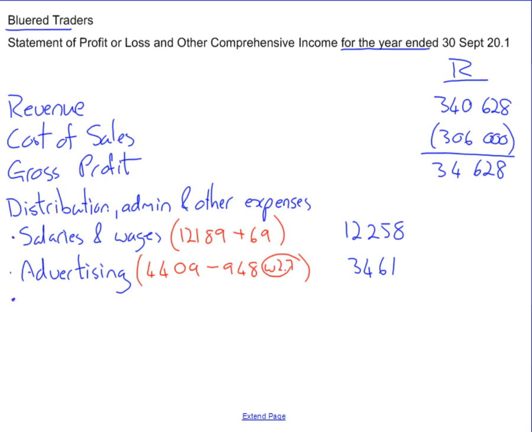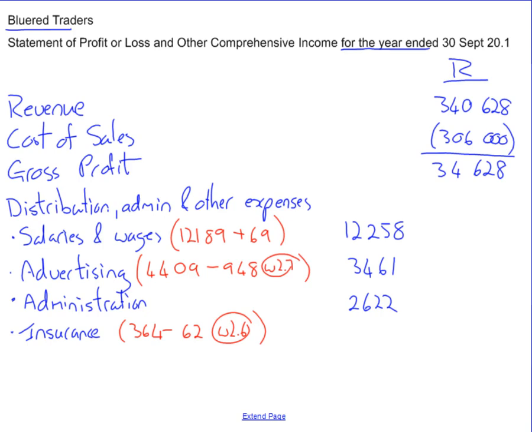After that, we had our administrative expenses. So the administration, that was a straightforward figure given to you as 2622. Next up was insurance. And insurance was based on what was given, being the 364, and we had prepaid expenses of 62 from working 2.6.